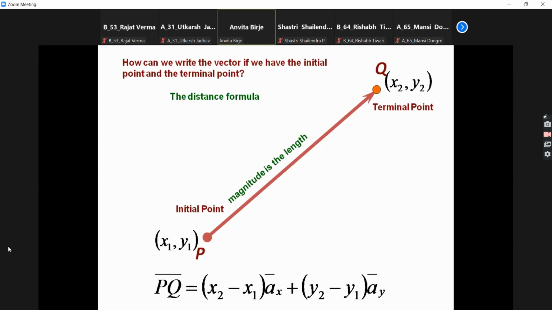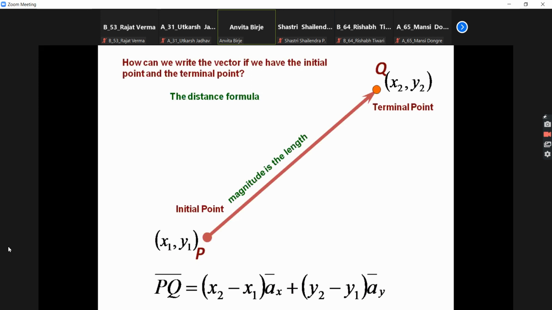Okay, so a bar x is a unit vector along the x direction. So this x2 minus x1 will have some value, let us say 7. So 7 a bar x, plus y2 minus y1 a bar y. If you have z coordinate also, then suppose the terminal point has z coordinate z2 and the initial point has z coordinate z1, then what will you write next? z2 minus z1 a bar z.